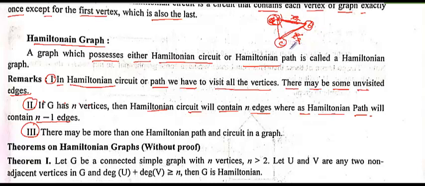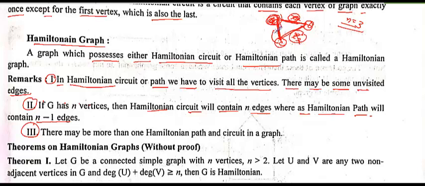If you are talking about the path, then you have visited all the vertices of the graph. How many vertices are there? n means 3. Here n is equal to 3. Okay, and you have visited all the vertices, but you have visited only n minus 1 edges in a path. But if there is a circuit, then you have to visit this also. Correct? Starting and end point must be the same.